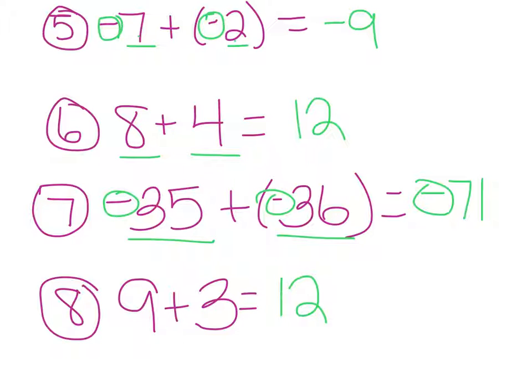And 9 plus 3, they're both positives. They have those imaginary positive signs. A positive plus a positive gives us a positive. 9 plus 3 is 12. Okay, so let's try a couple more problems just like these.